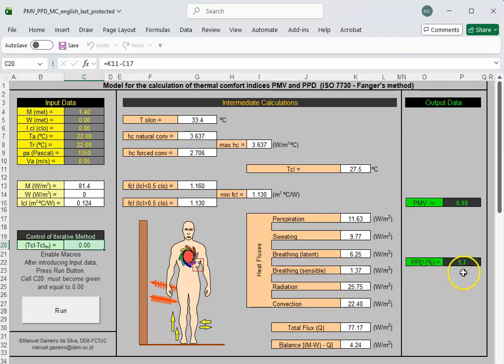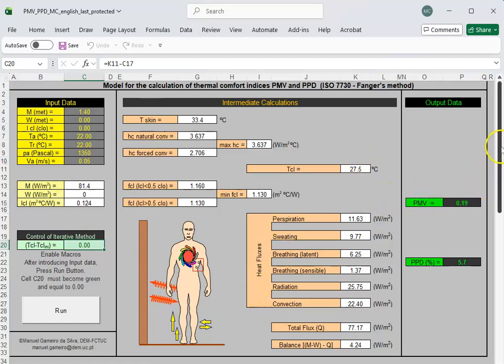And in this case, we are calculating 5.7, which means that we are quite close to the best situation, because it's not possible to have a percentage of dissatisfied lower than 5%, because even for the situation that satisfies most people, there are some fringes of people feeling either cold or warm. So this is the result of the calculation for the situation I was showing.